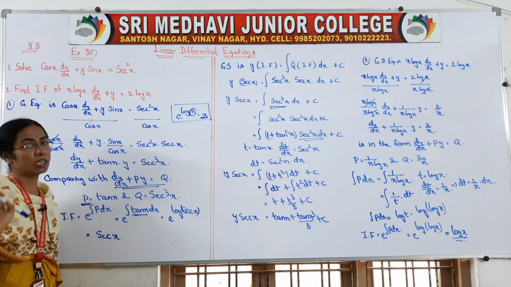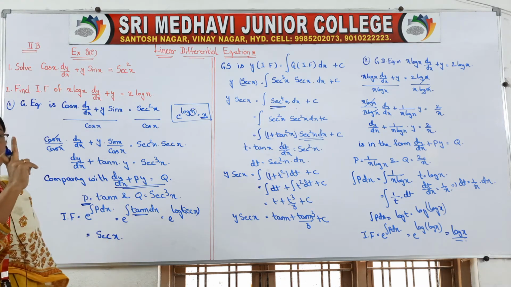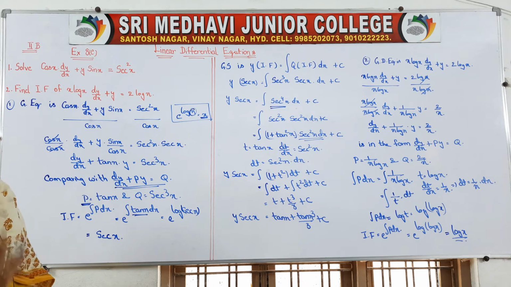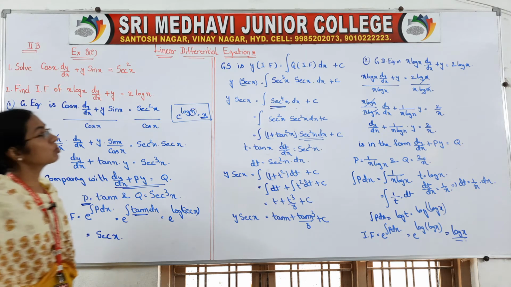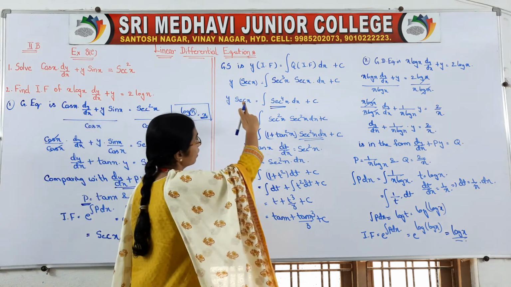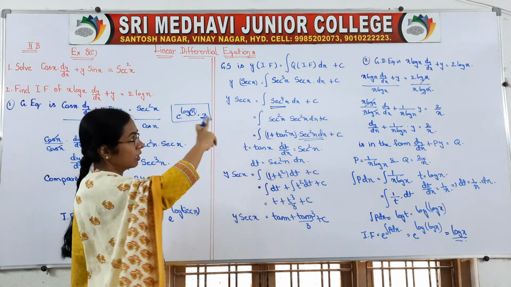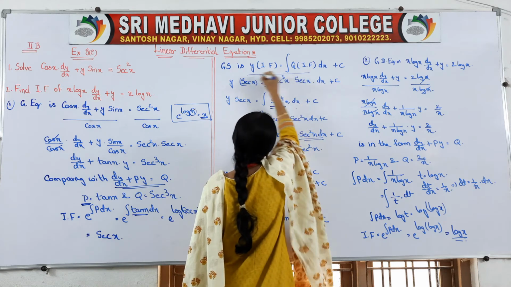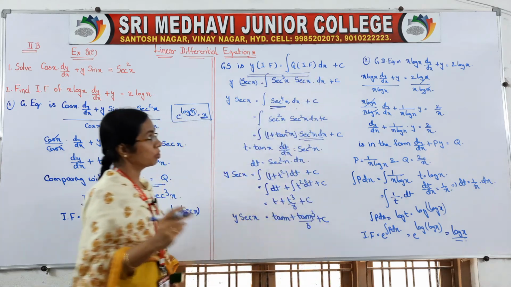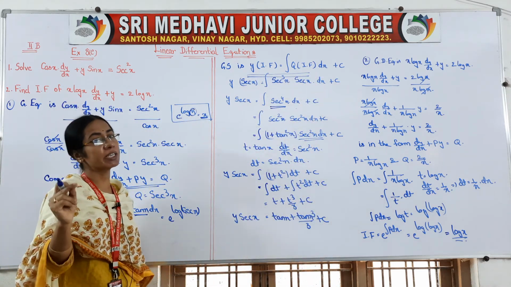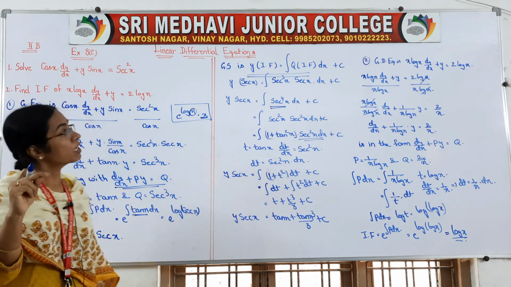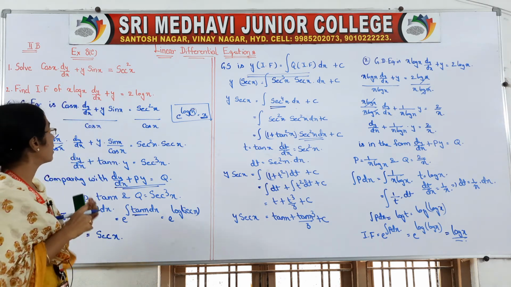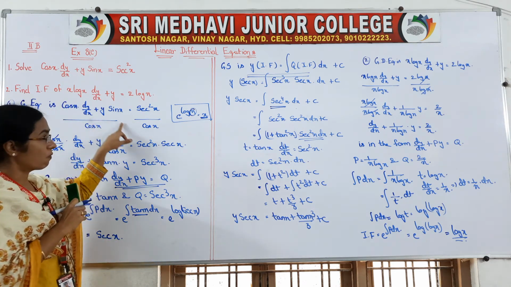Once we have the integrating factor, we go for the general solution. The general solution is y into integrating factor is equal to the integration of q into integrating factor dx plus c. This is a formula you have to learn by heart, for a linear differential equation in terms of y.